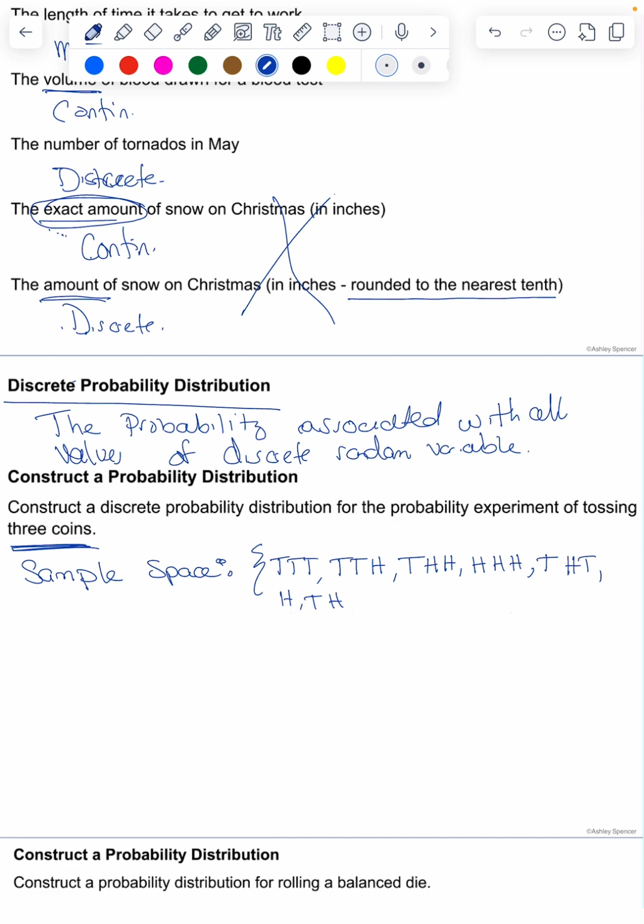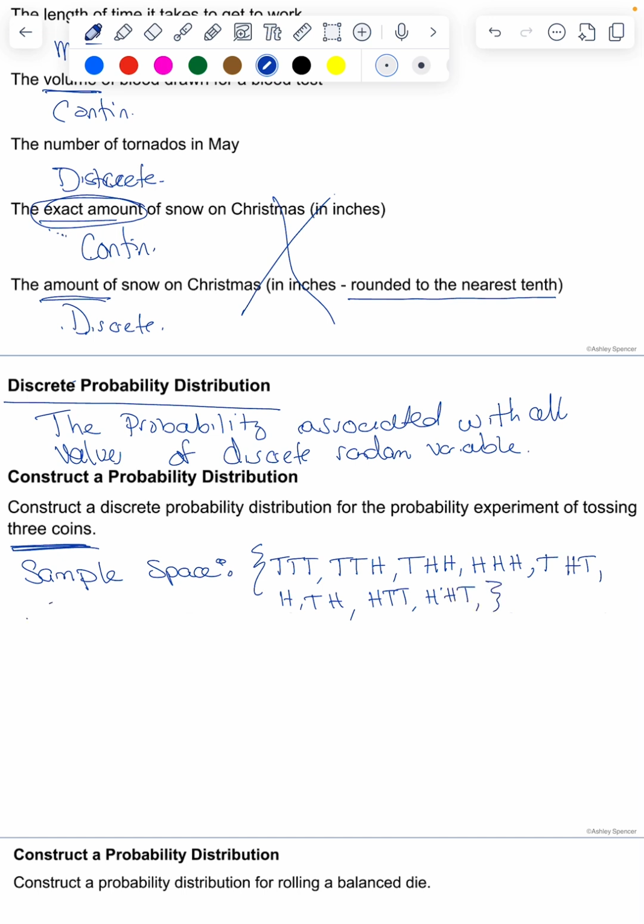What am I missing? We can have heads, tails, tails. And then we can have heads, heads, tails. So there's our sample space.